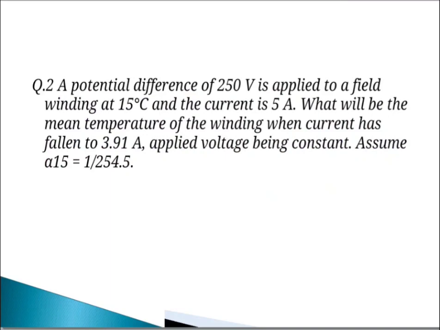A potential difference of 250 volt is applied to a field winding at 15 degree Celsius and the current is 5 ampere.